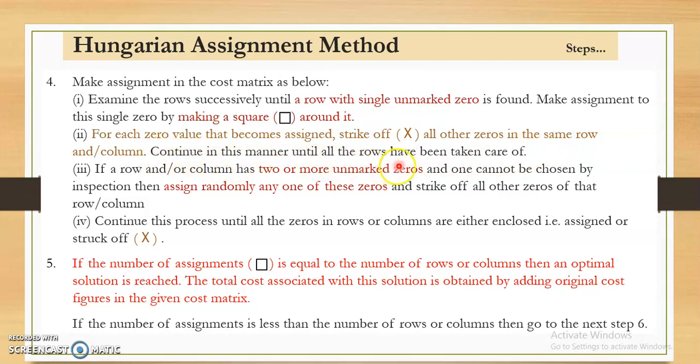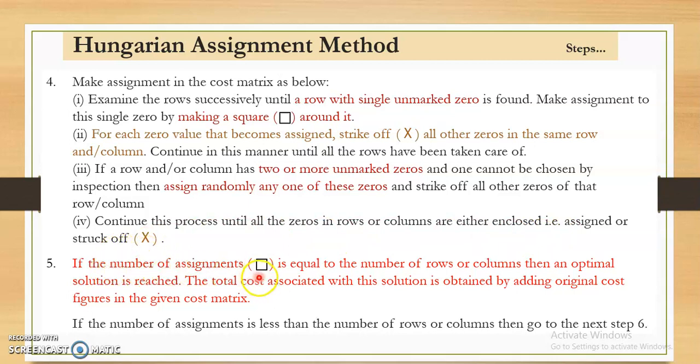We have to continue this until either all the zeros are assigned or crossed. Here our inspection is important, and if there are multiple zeros in certain rows or columns, then we have to make the assignment randomly. We continue this process until all the zeros in rows or columns are either enclosed or struck off, that is, crossed out.